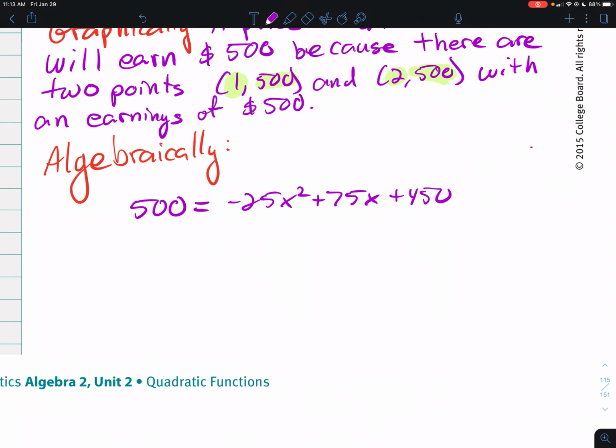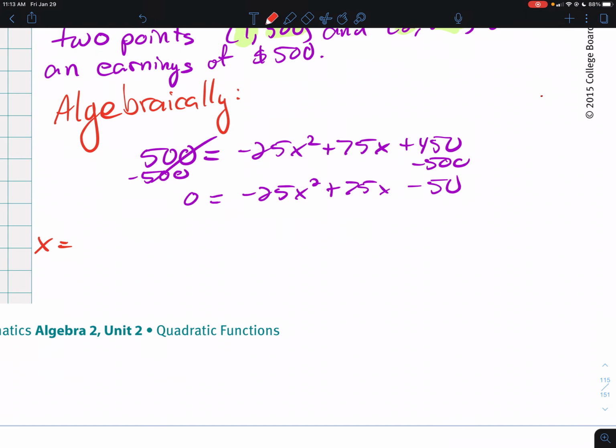We have to make it equal 0 first, so minus 500. And 0 equals negative 25x squared plus 75x minus 50. Quadratic formula time. Unless you just really want to factor it. Actually, it probably wouldn't be too hard to factor, because we know the answer should be 1 and 2. But I'll do the formula.